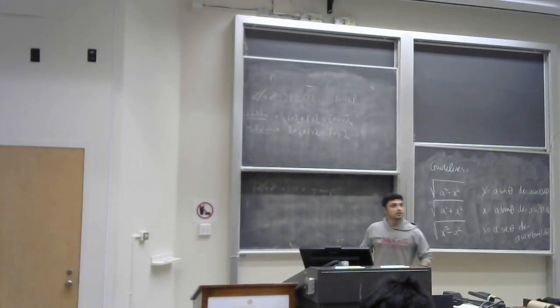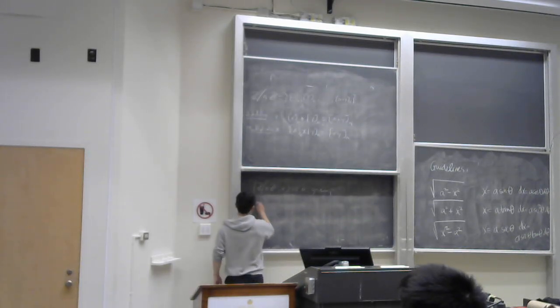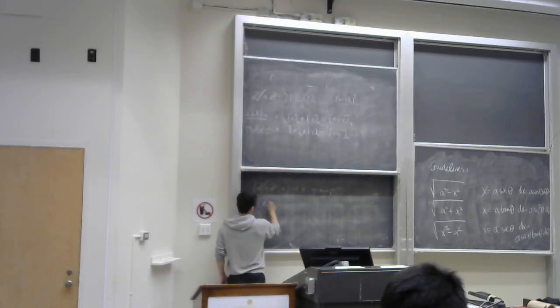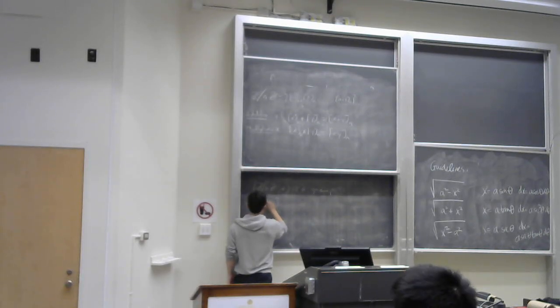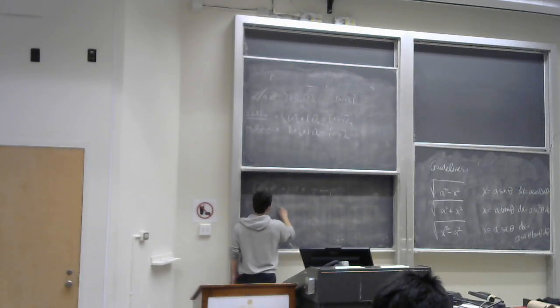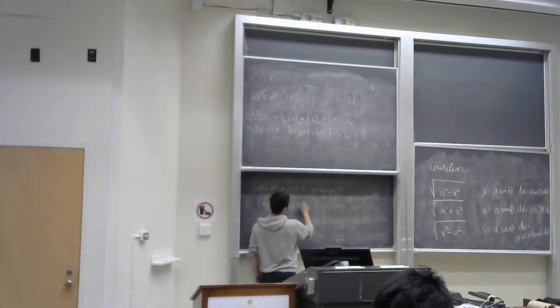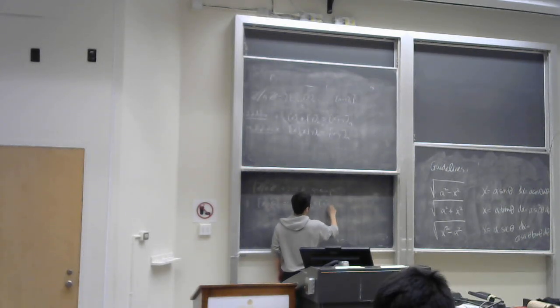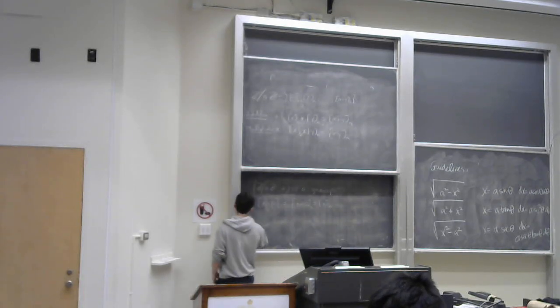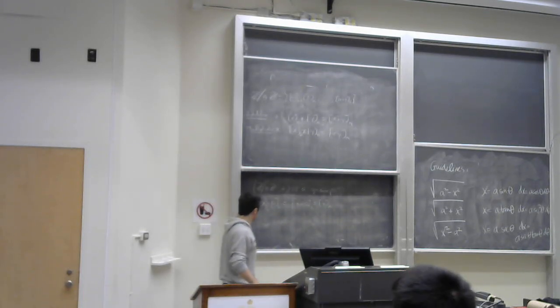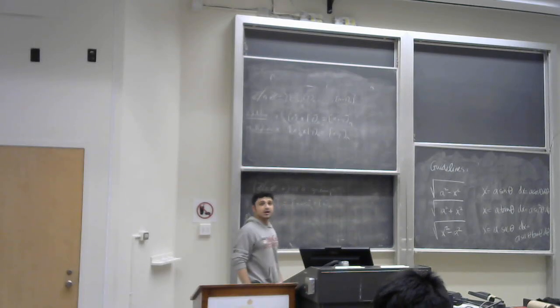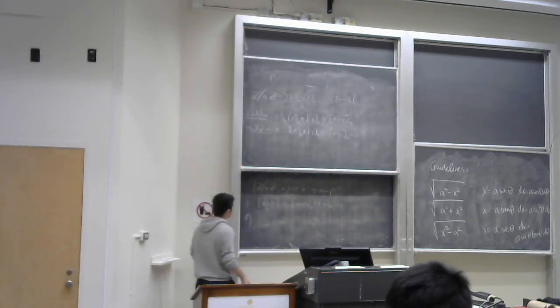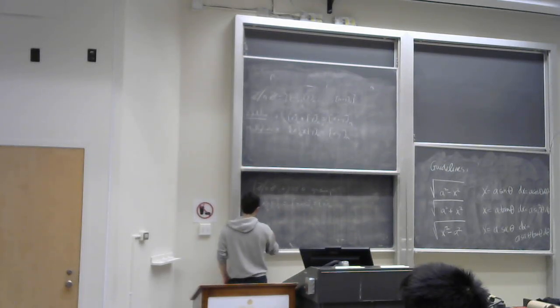The class of x plus the class of 0 is equal to the class of x plus 0 mod n, which is equal to the class of x. So the class of 0 is the neutral element for addition. Great. Now, what else do I have to check?